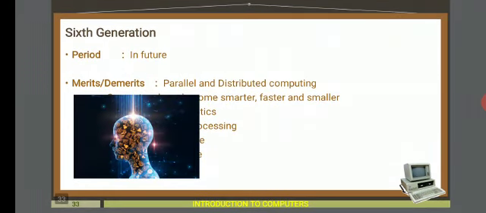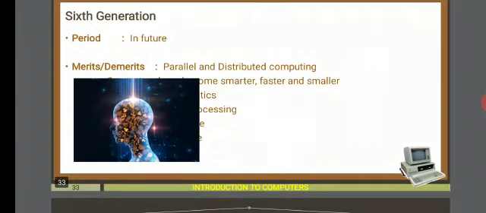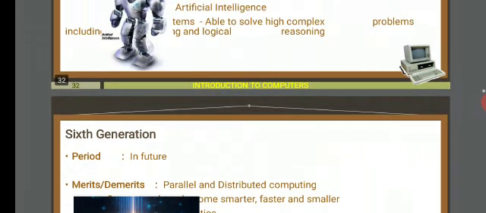And then the sixth generation is about the future generation. Here the merits are parallel and distributed computing. In the sixth generation it will be very fast, very smart and small in size. We started using mini computers and laptops, but laptops were introduced in the fifth generation itself.